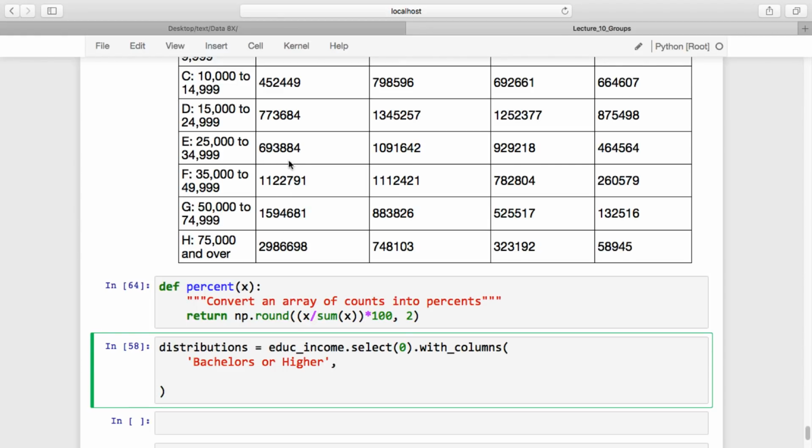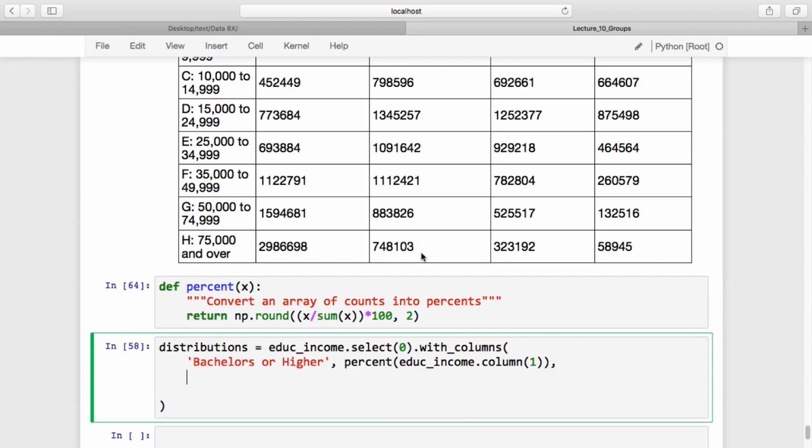This is the column consisting of the counts of people who have bachelor's degrees or higher partitioned into the different incomes. We'll convert that to percents using our handy dandy function that we just defined. So that is the array formed by column index 1 of our original table. And we can do the same thing for all of the different columns.